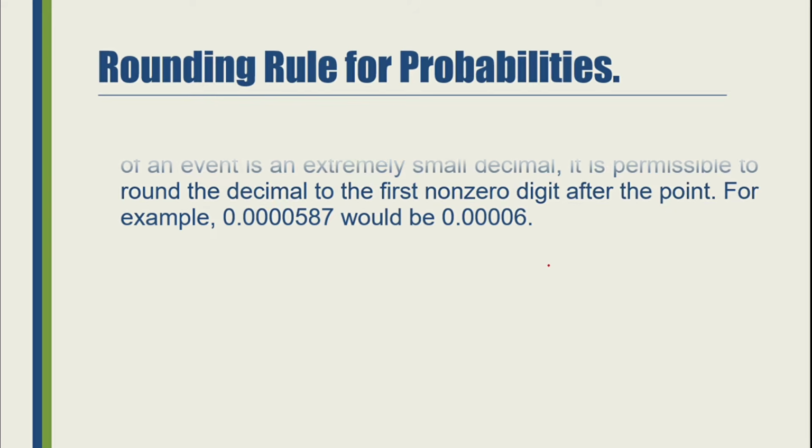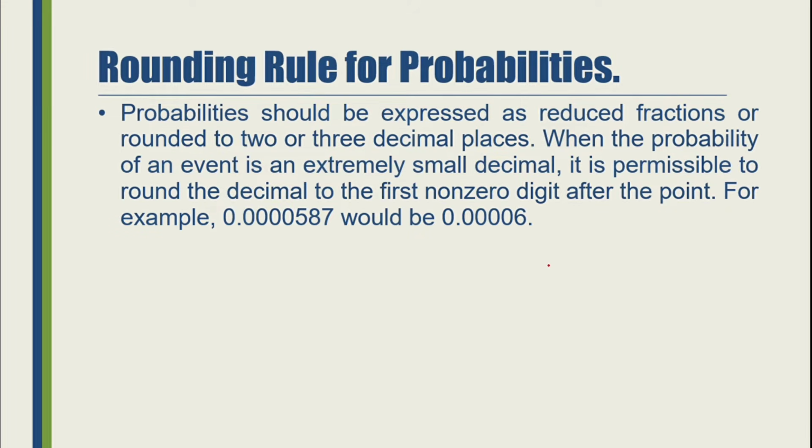So let's have the rounding rule for probabilities. Probabilities should be expressed as reduced fractions or rounded to 2 or 3 decimal places. When the probability of an event is an extremely small decimal, it is permissible to round the decimal to the first non-zero digit after the point.